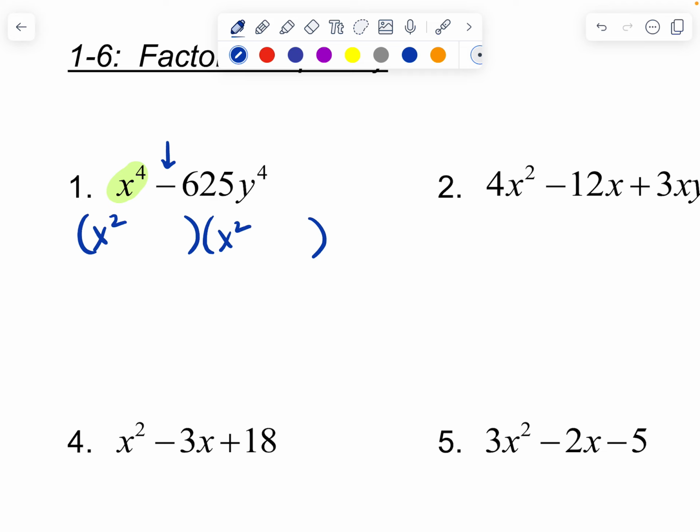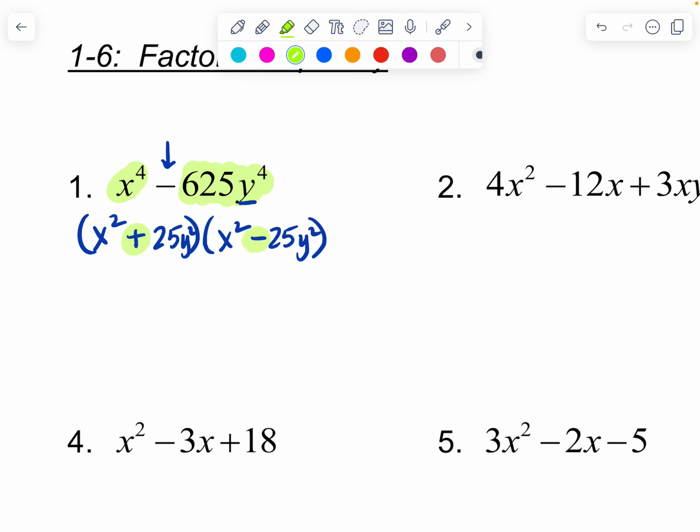Now the next one's a little bit big. Remember, one's going to be a plus, one's going to be a minus. 625y to the fourth. Well, what times itself gives us 625? That is 25 times 25, but then we still need this y to the fourth, so it's going to be y squared and y squared. Now you guys, every time you finish factoring, I want you to think, can I factor more? So because this is a plus right here, that is a sum of two squares, I can't do that one.